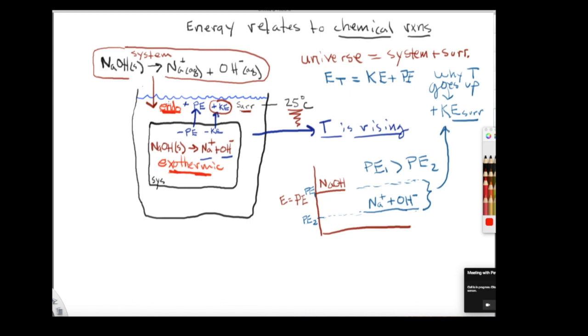Again, think about it: the temperature went up. How does that happen? It can't happen unless energy actually moved from the system into the surroundings, and that is an input of kinetic energy. And because of the input of kinetic energy, the temperature went up. That's the reason why when you're holding a glass in your hand where this reaction is going on, you feel the glass actually get hot.